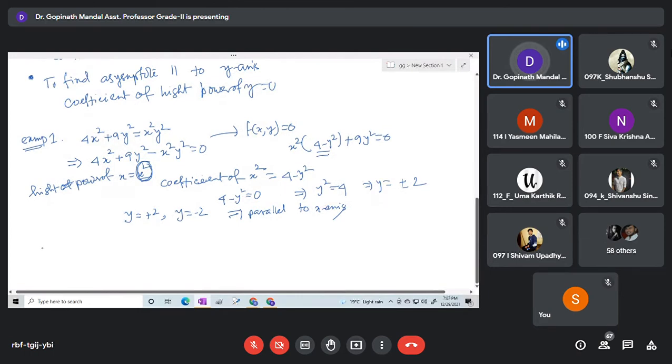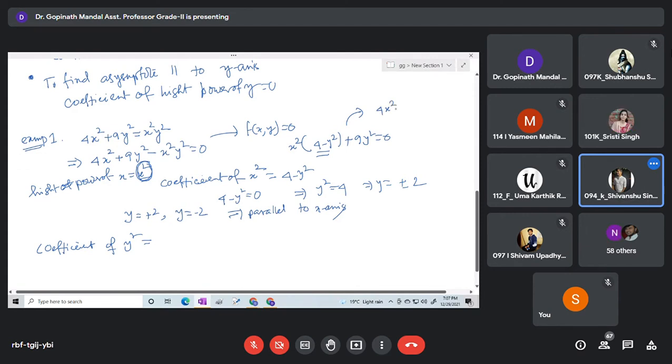Now parallel to the y-axis, we have to make the coefficient of the highest power of y, that is y², equal to 0. The equation can be written as 4x² + (9 − x²)y² = 0. So the coefficient of y² equals 9 − x², and this must be equal to 0.